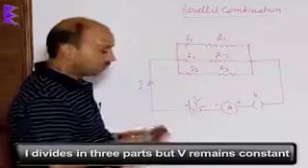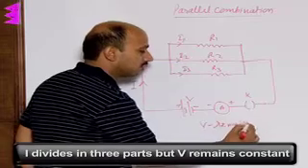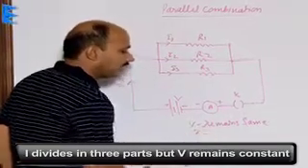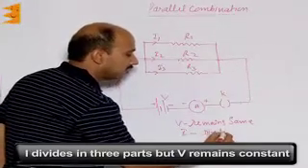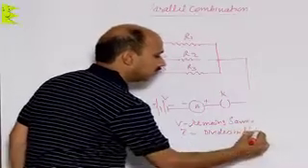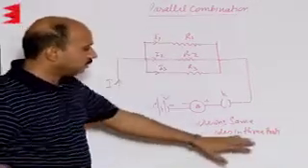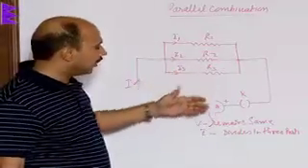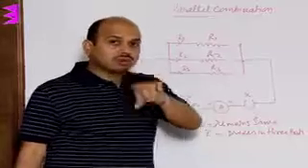So see here, current I has divided into 3 parts, I1, I2 and I3, but V remains same for all these 3 resistors. So here you will write V remains same, and I divides in 3 parts. Basically they divide in 3 parts I have written here, but it depends on the number of the resistors. So whatever the number of resistors, according to that I gets divided. Now we will apply again Ohm's law.